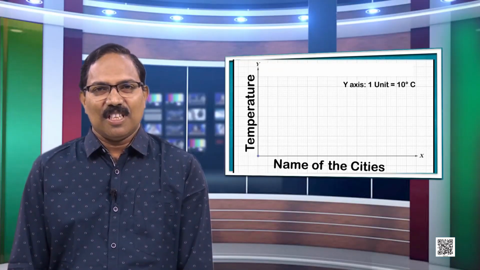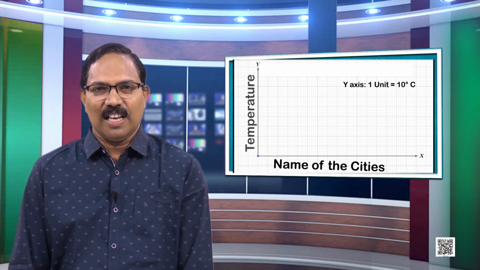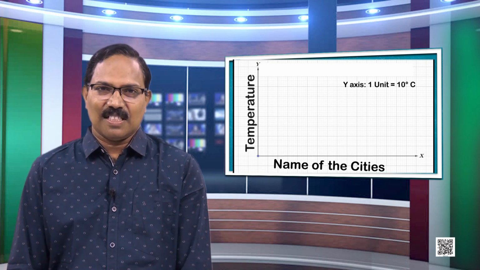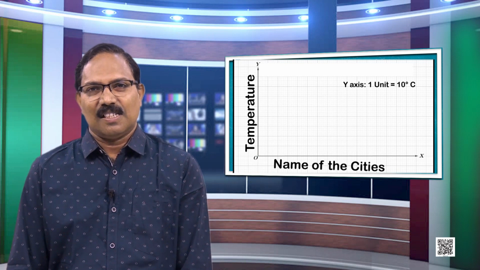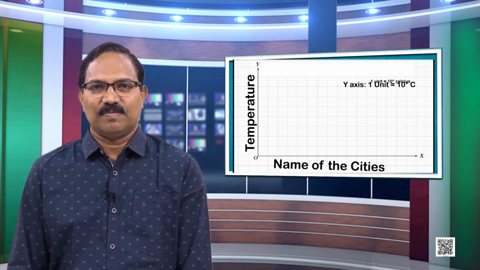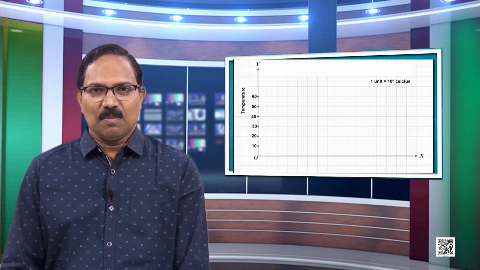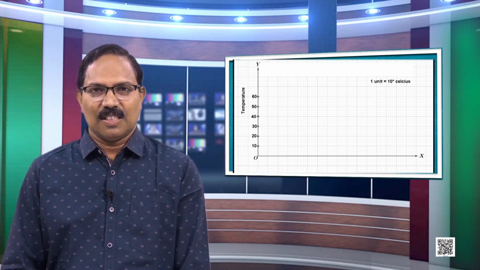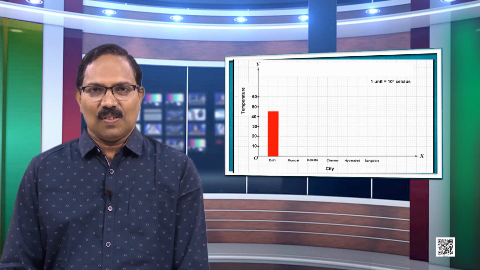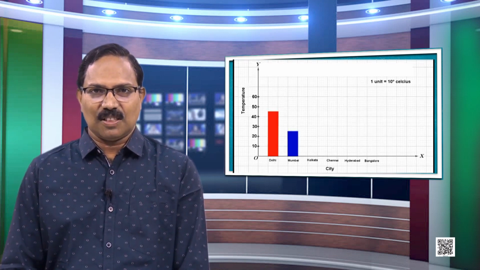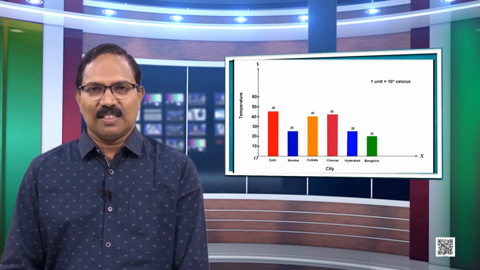Once you decide about this, then you can label the axes accordingly. That means y axis the temperature, x axis the names of the cities. Now you have to draw equal width bars against different cities. Once you draw the equal width bars, then you will get a bar graph like this.